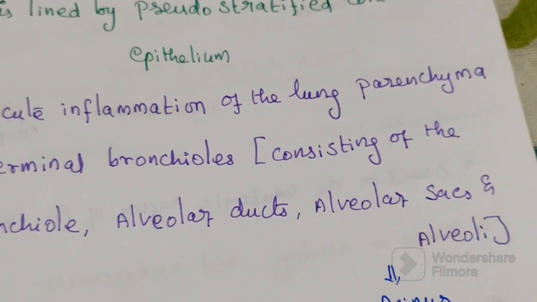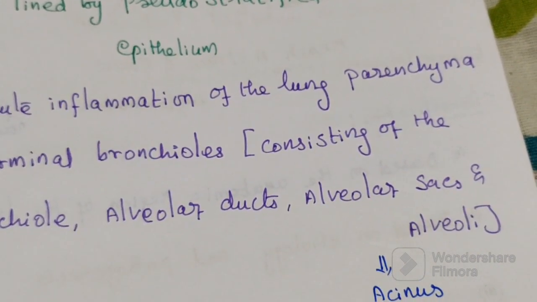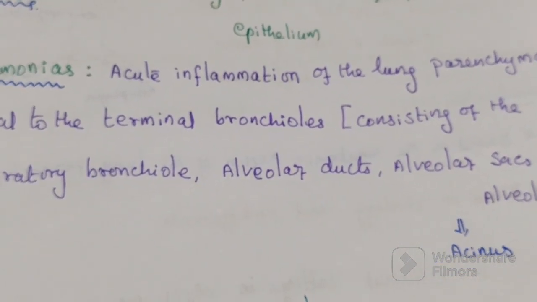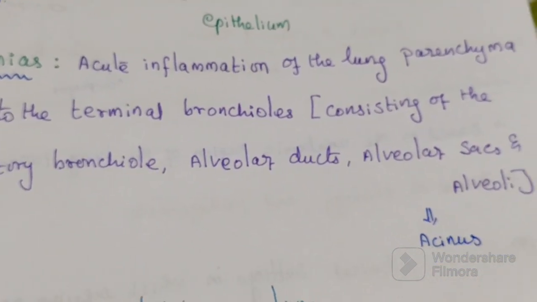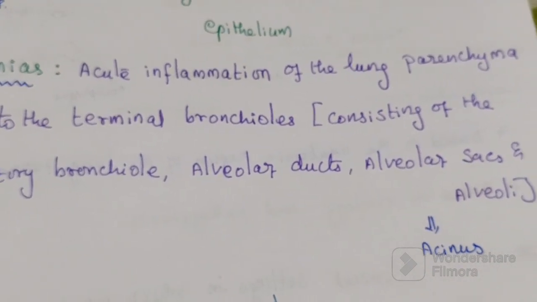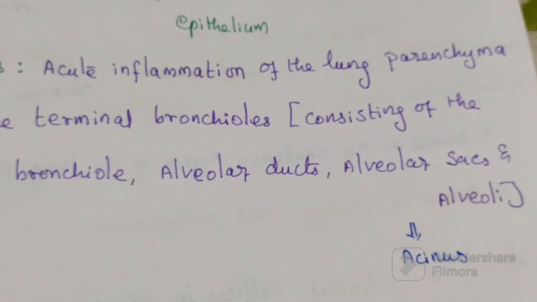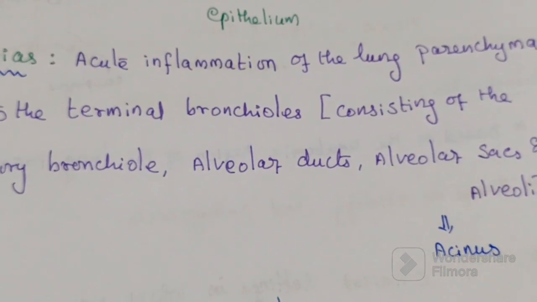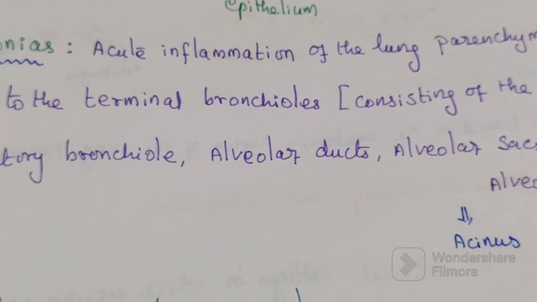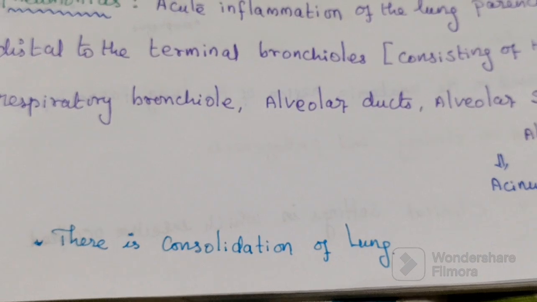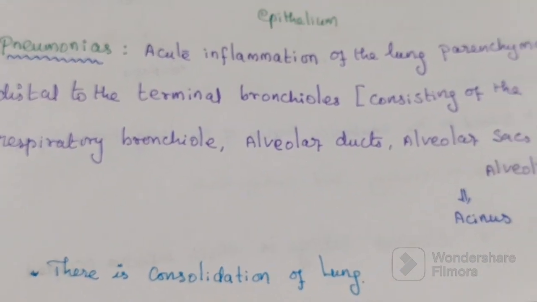Acute inflammation of the lung parenchyma distal to the terminal bronchioles. They have three things. What are the three things? Respiratory bronchioles, alveolar ducts and alveolar sacs, collectively known as the sinus. So this is consolidation of lungs.